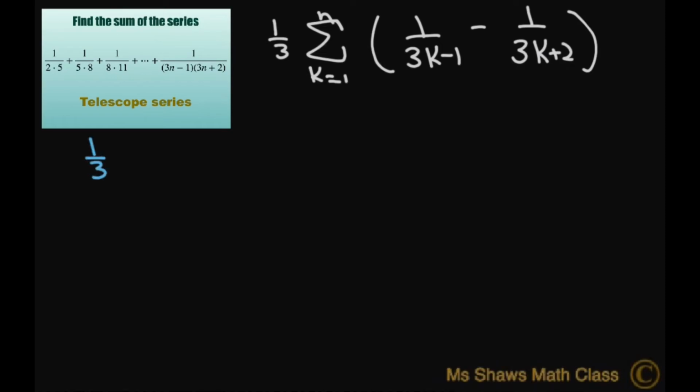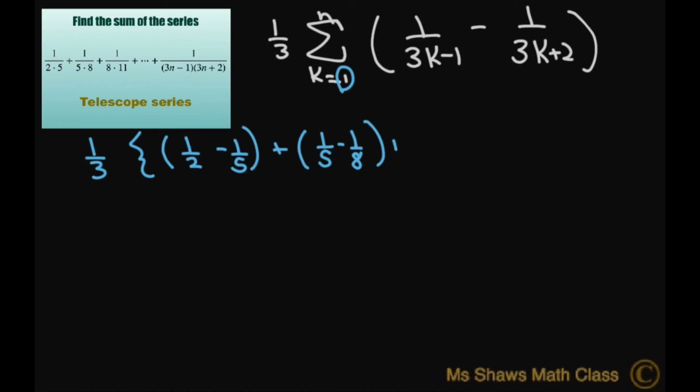When you substitute k equals 1, you get 1/2 minus 1/5. For k equals 2, that's 1/5 minus 1/8. The third term is 1/8 minus 1/11. Plus dot dot dot plus 1 divided by 3n minus 1, minus 1 divided by 3n plus 2.